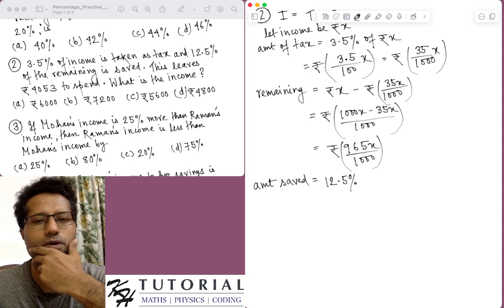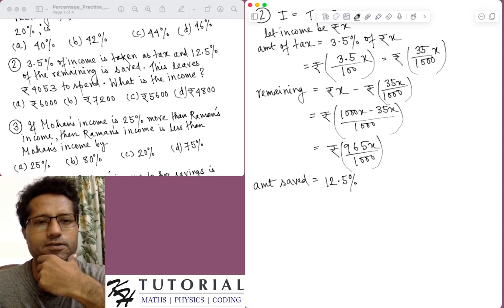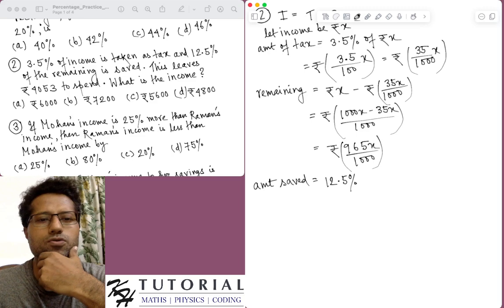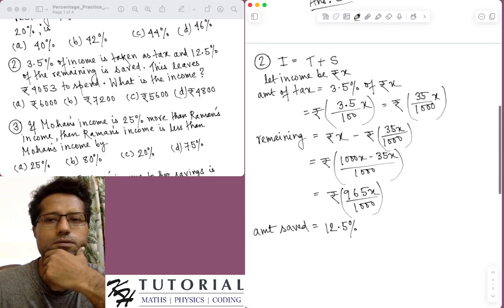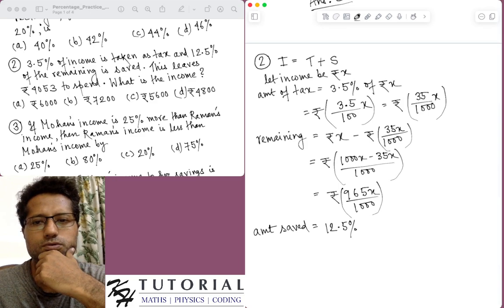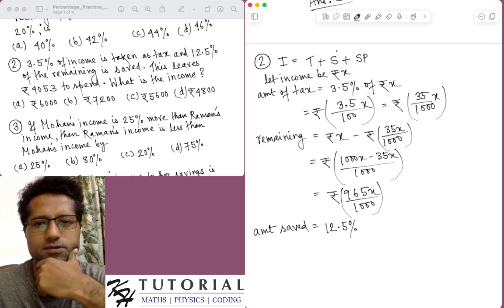Income will be tax plus whatever is saved plus the amount that can be spent. Let's say SP stands for the amount to spend, S for saved, and of course T is tax.